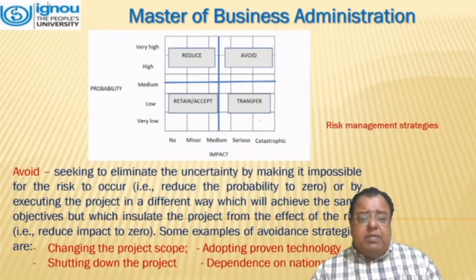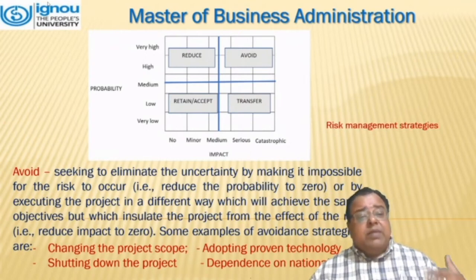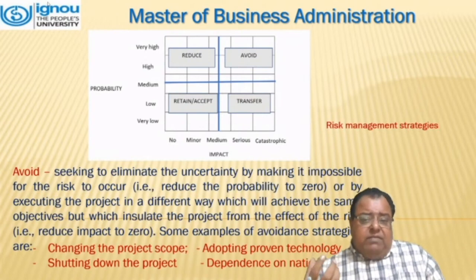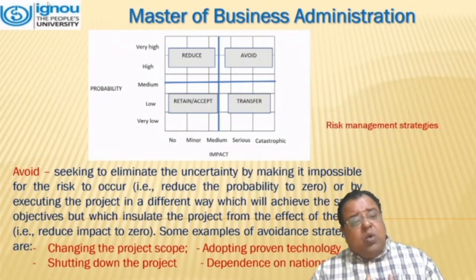And if we talk about the probability, it will be very low, low, medium, high, and very high. Starting at the right corner, we see avoid. Those are the conditions where the probability is very high and the impact is catastrophic.